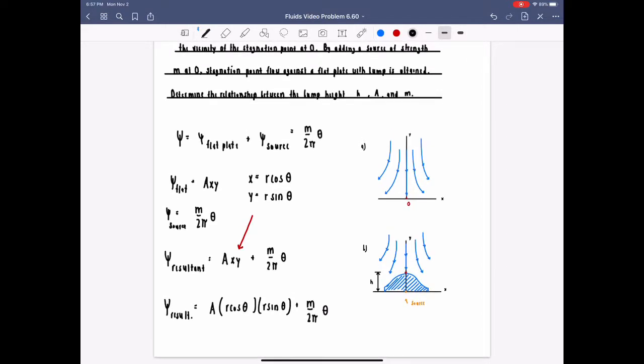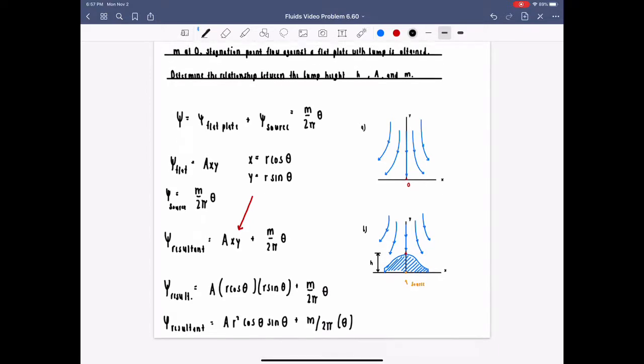So now we can simplify further. It's equal to a times r squared times cosine theta sine theta plus m over 2 pi times theta.